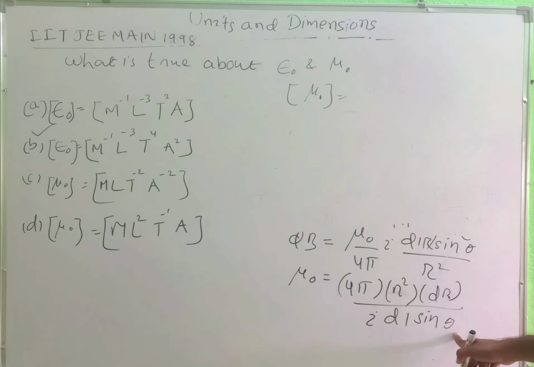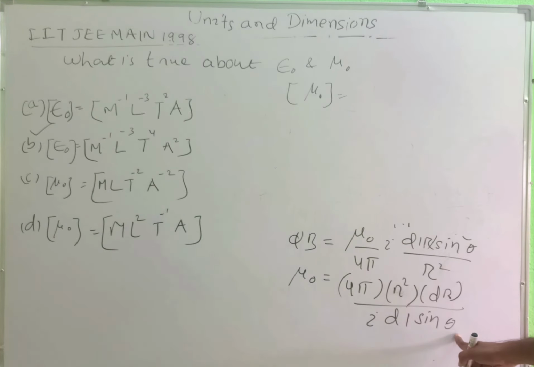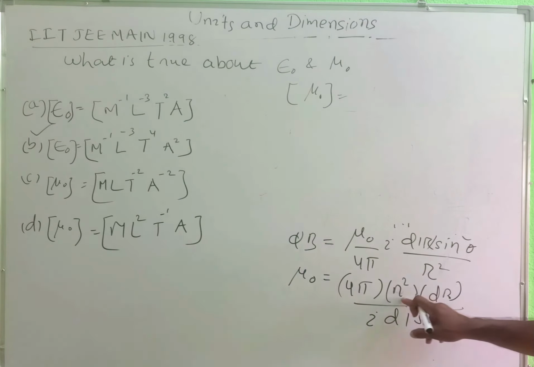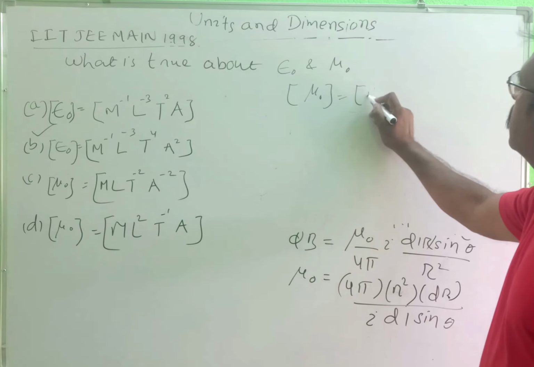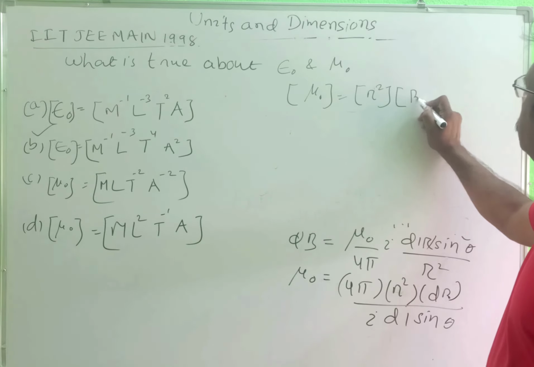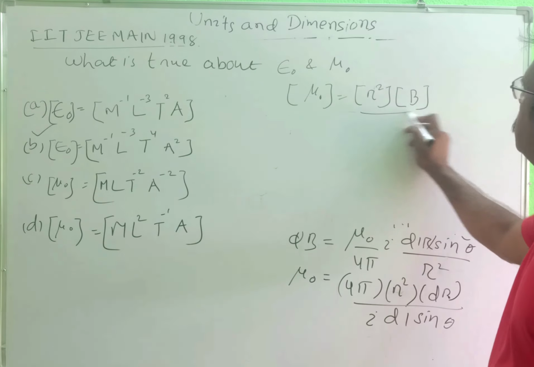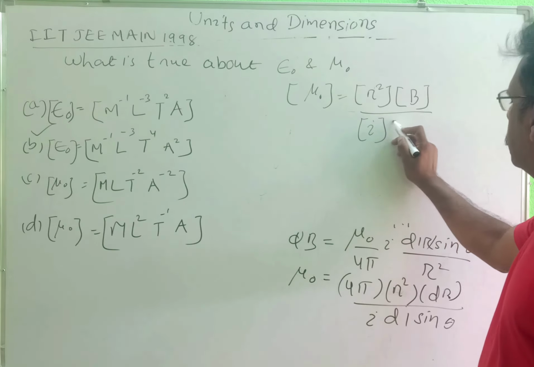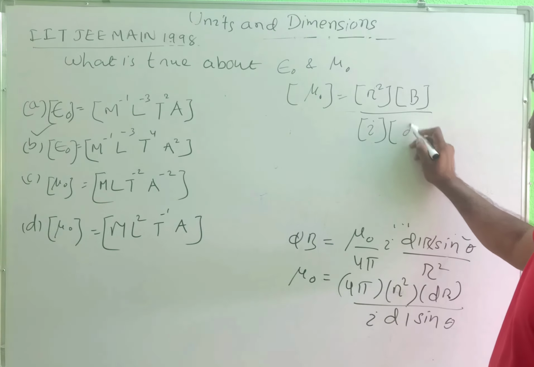Similarly, sin theta is a trigonometric ratio, it is the ratio of two lengths, so it is also dimensionless. Student, we will ignore these two terms. Then mu 0 will have the dimensions of r square into dB. dB has the same dimensions as B, magnetic induction vector, and this is divided by I current and dl.